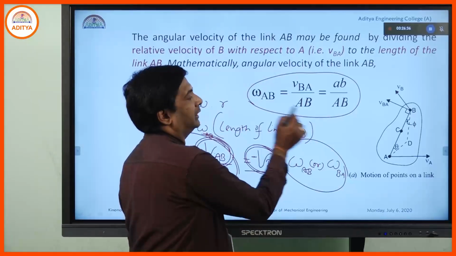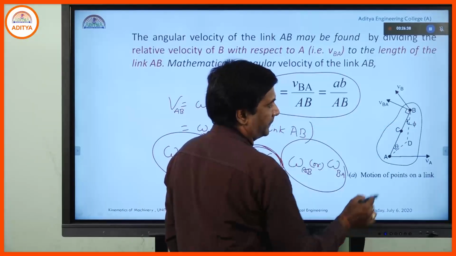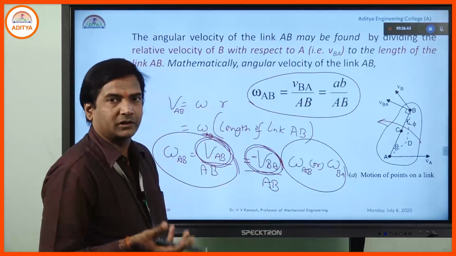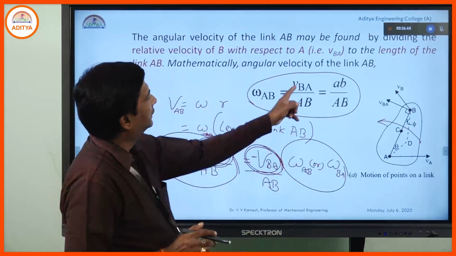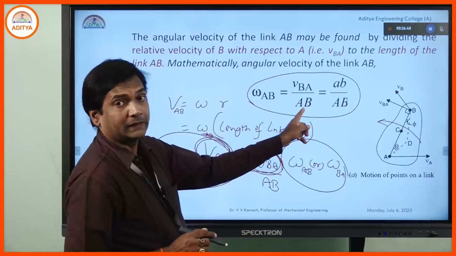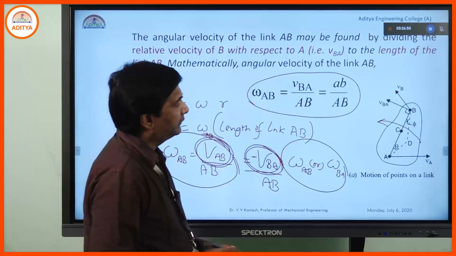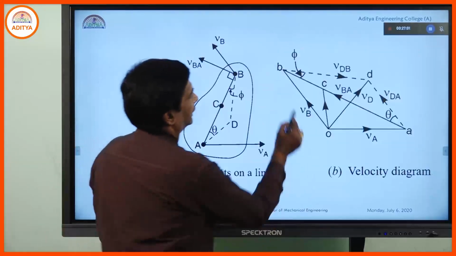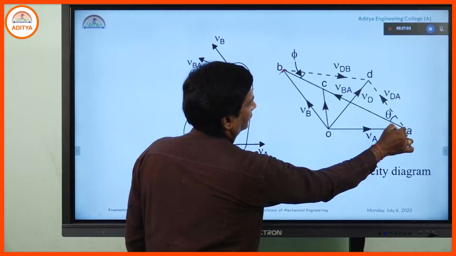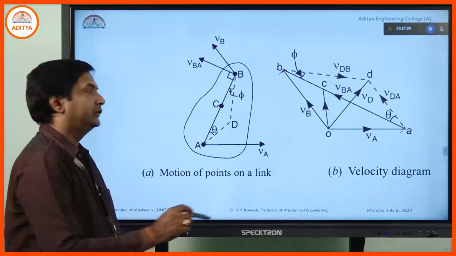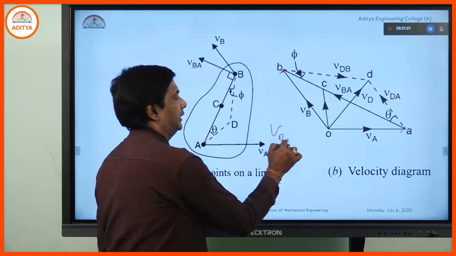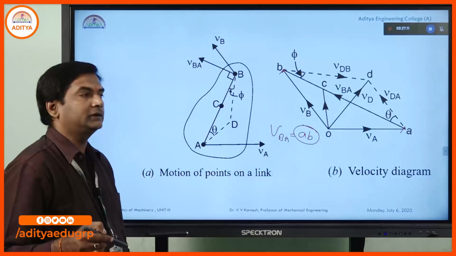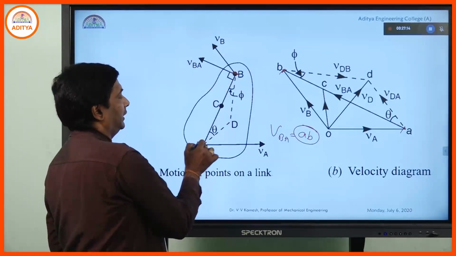So for the omega of AB or BA, whether it is moving in this direction or in the reverse direction, clockwise or anti-clockwise, it is the velocity component divided by the length component. The velocity component will be known to us from the earlier velocity diagram. Whatever the AB portion we have, velocity of BA will be equal to the length portion AB, to be divided by the actual length AB.